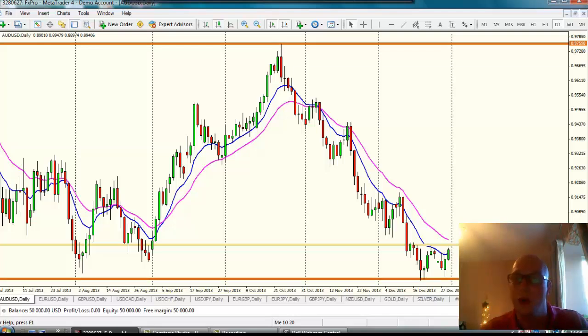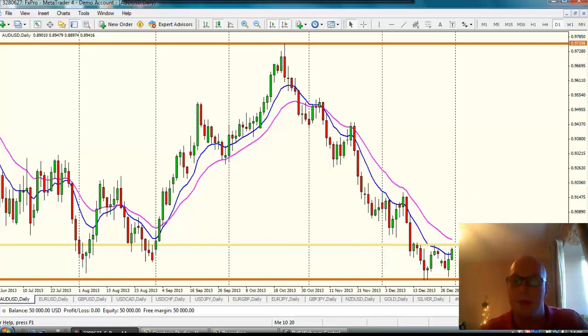I always try to incorporate the most recent price action purely because, one reason, Forex traders, unlike any other type of trader, whether it be equities or indices or commodities, Forex traders tend to have a shorter term memory when it comes to levels. So I always try to give the most recent price action the most significance.